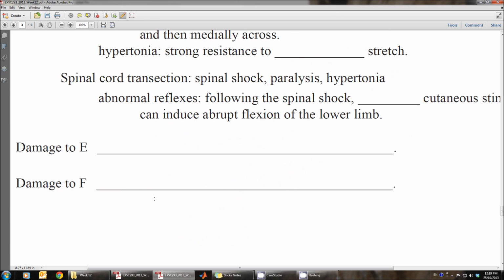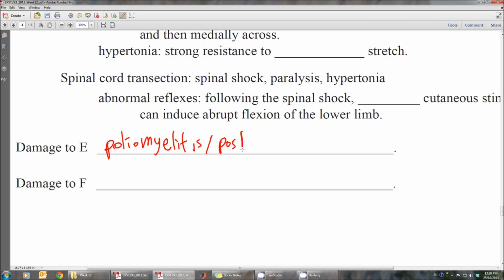Damage to E, the disorders covered were poliomyelitis, post-polio syndrome, and spinal muscular atrophies.